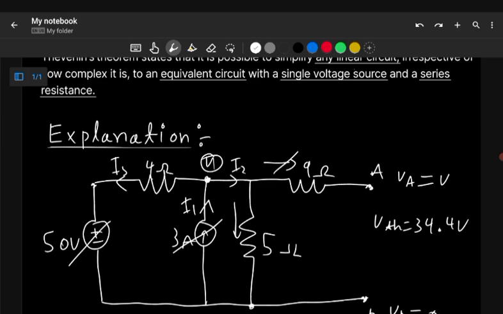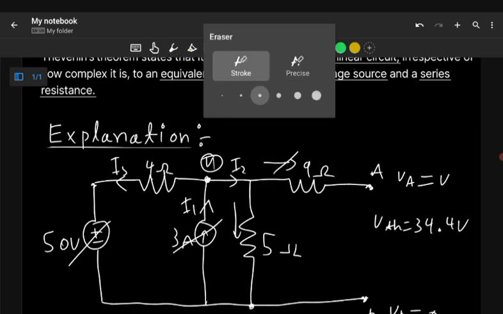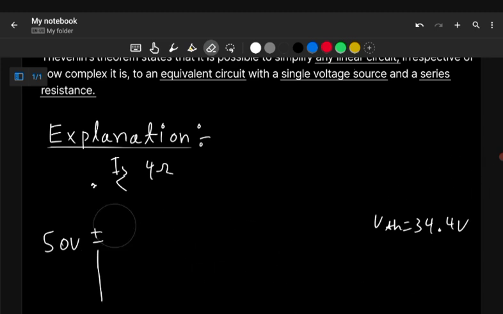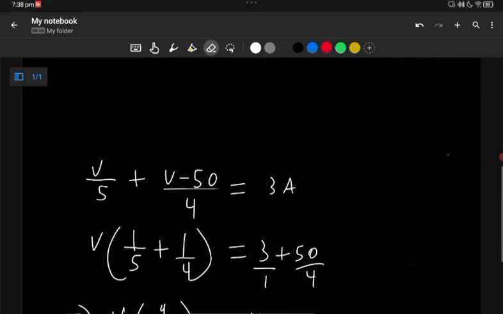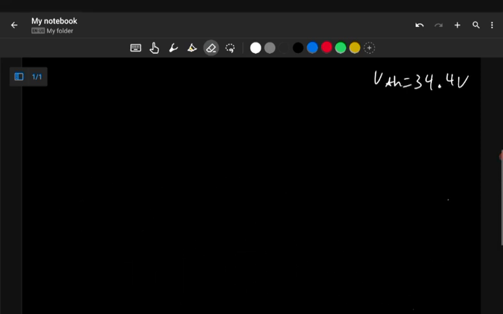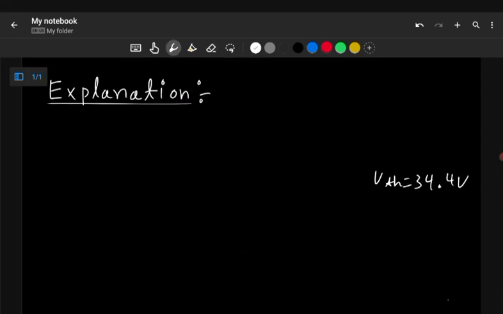So we're going to have to redraw this circuit diagram. We'll just have to erase this whole calculation. So we're going to have to draw it like this.